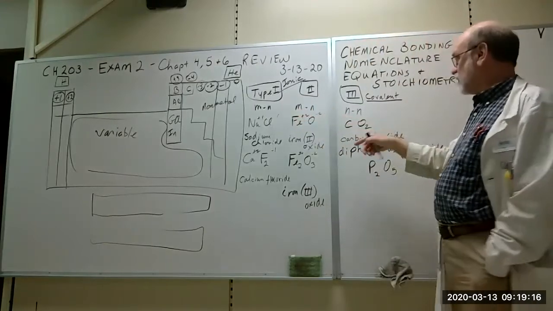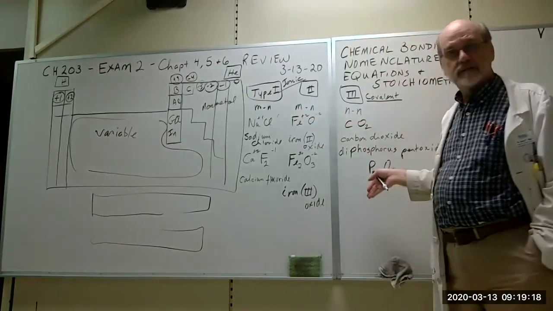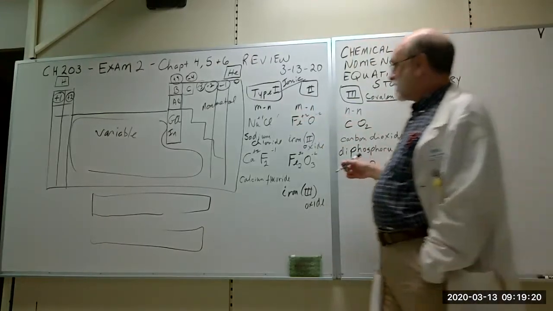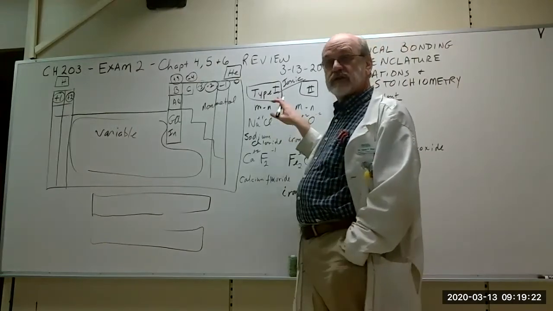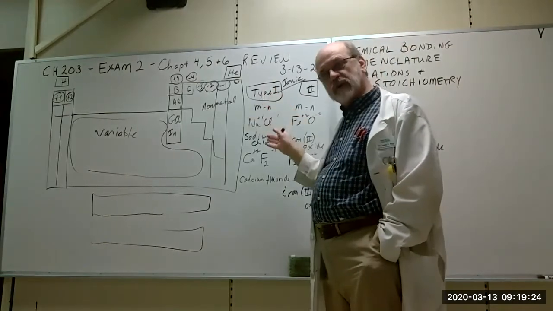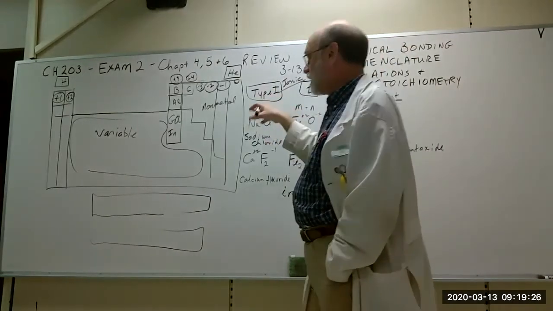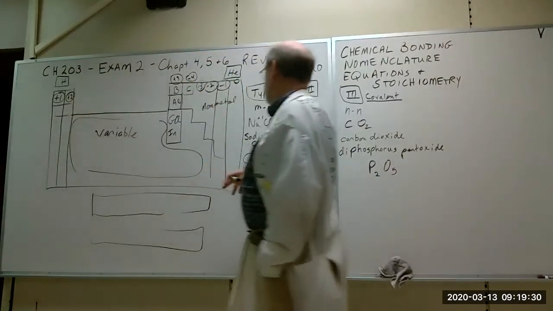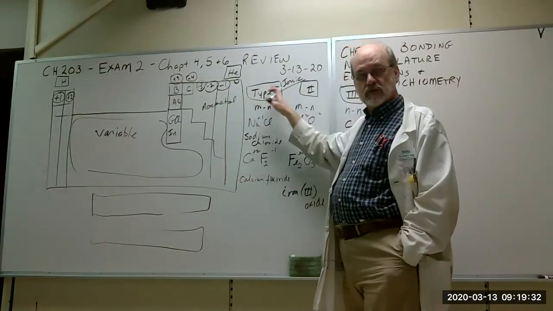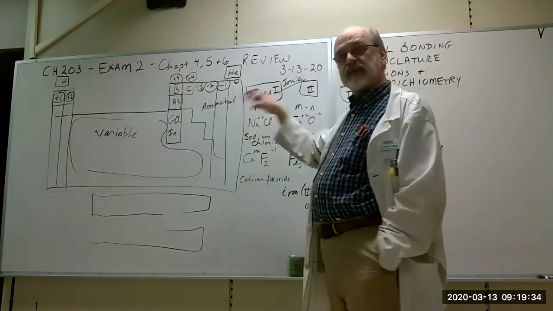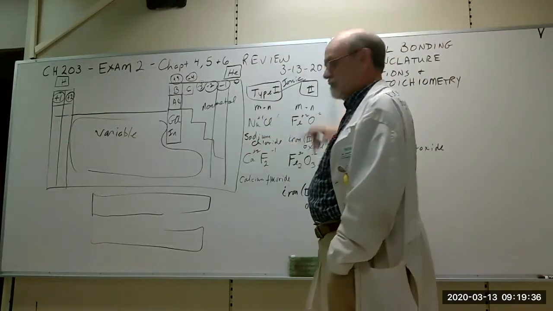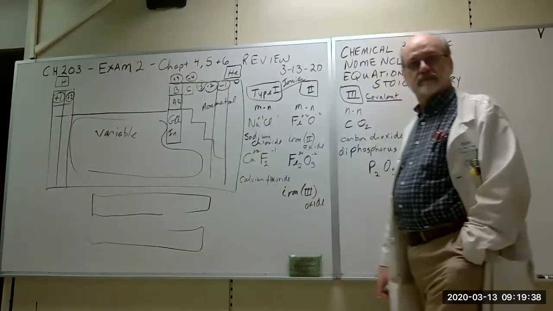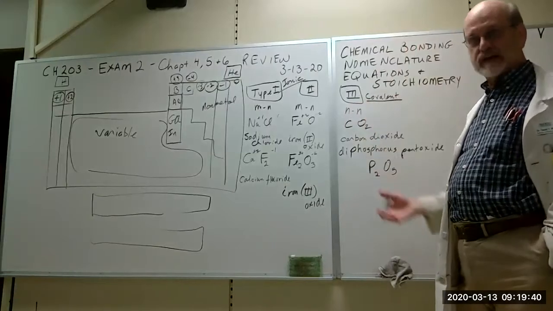If it's a non-metal, non-metal, you just go straight to this one. But if it's a metal, non-metal, then you have to ask yourself, is the metal a fixed charge or variable charge? And then you look at your periodic table. Where does it come from? Here, here, here. Then it's type 1. Use that convention. Any place else? Use type 2. So that's like your decision tree.